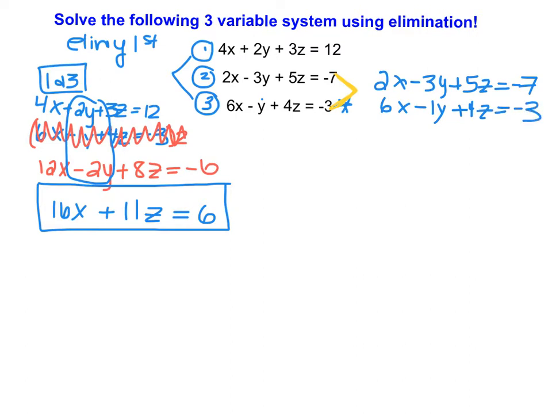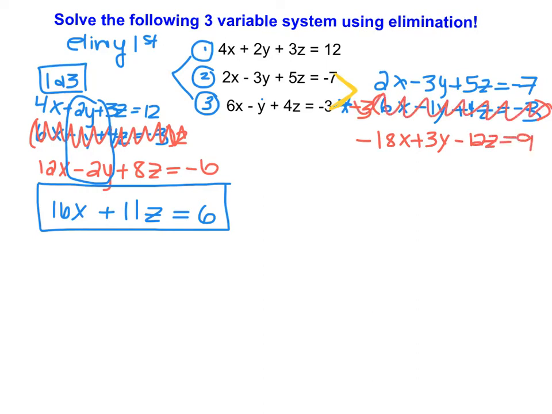In order to set this up for elimination, I'm going to multiply this second equation through by a negative 3 to make that coefficient of y a positive 3. So if I multiply all of those terms through by negative 3, I end up with negative 18x plus 3y minus 12z is equal to 9.